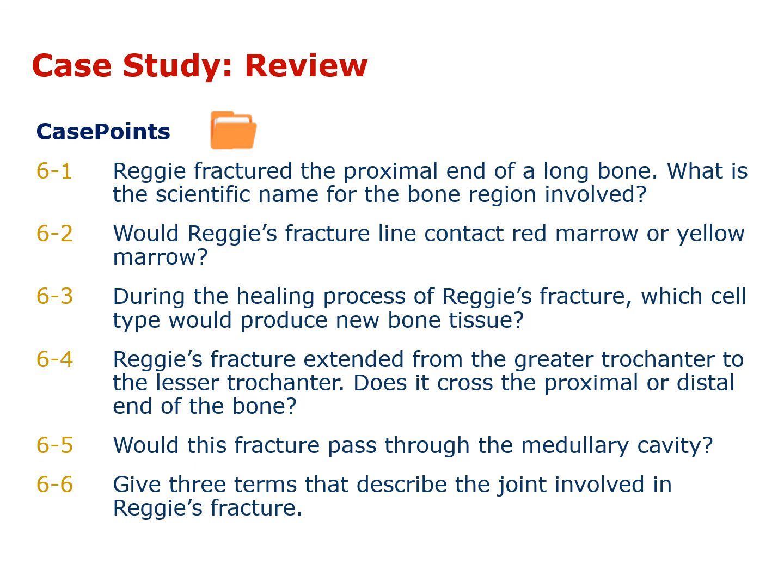Would Reggie's fracture line contact red marrow or yellow marrow? Red. During the healing process of Reggie's fracture, which cell type would produce new bone tissue? Osteoblasts produce new bone tissue.